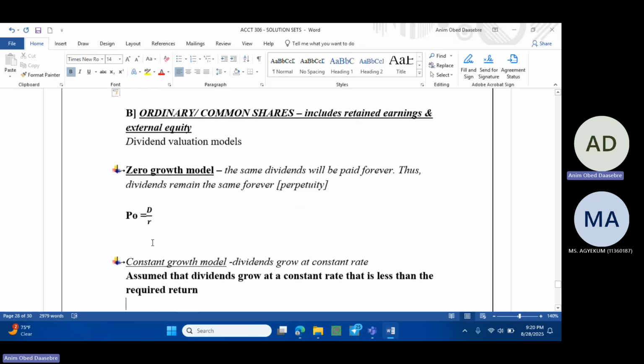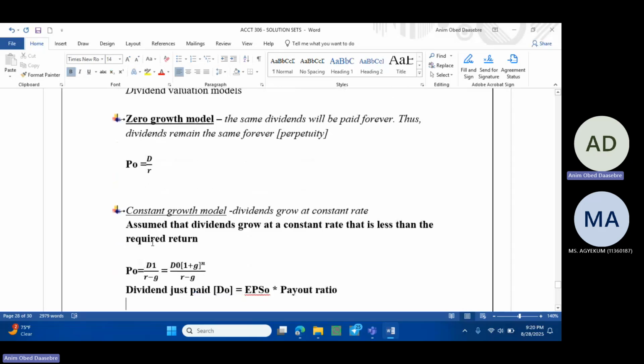But if there is a constant growth in the dividends, then we assume that dividends grow at a constant rate, and that constant growth rate should be less than the required rate of return.